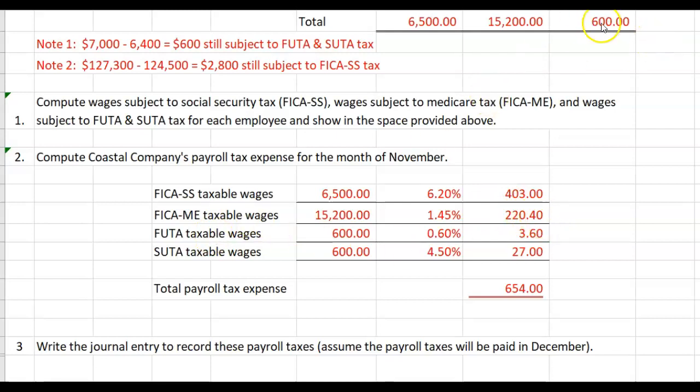Wages subject to FUTA tax, $600 at 0.6% is $3.60, and wages subject to SUTA tax, also $600 times 4.5% equals $27. Add it up, and you calculate $654 of payroll tax expense for Coastal Company for the month of November.